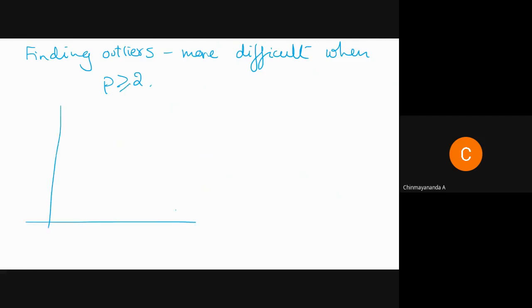Usually when you do exploratory data analysis in machine learning, you take some variables at a time and then try to do some analysis. So let's draw a two-dimensional plot. Here I'm not drawing the response variable.